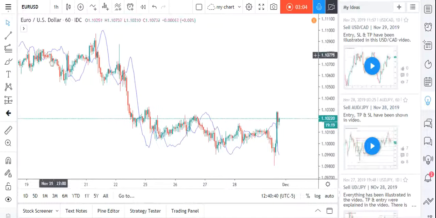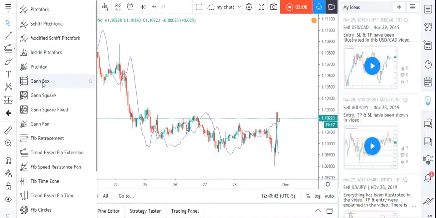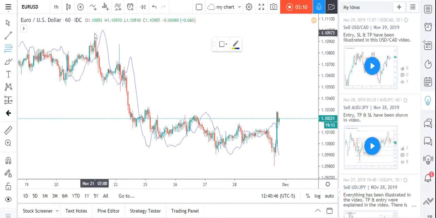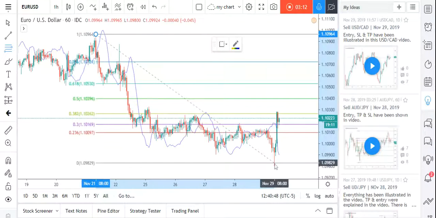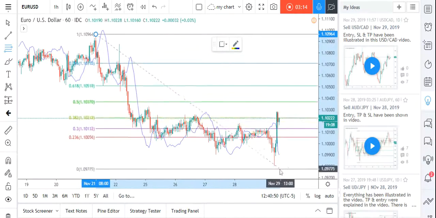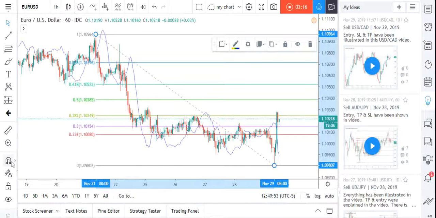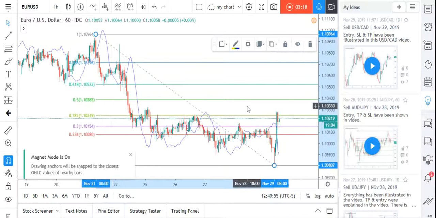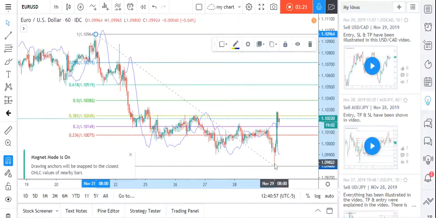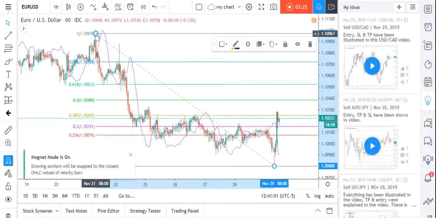So I will plot Fibonacci to determine the retracement level as well as our entry price. I'll turn on the magnet mode to plot this Fibonacci precisely at the low of the candle and the high of the candle.